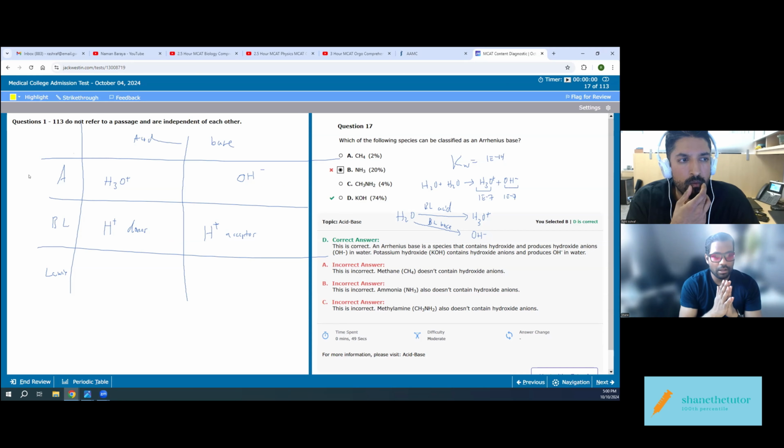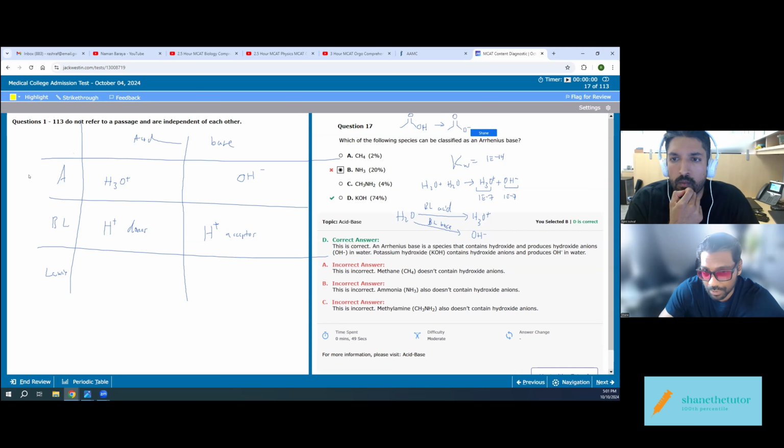So all Arrhenius acids and bases are Bronsted-Lowry acids and bases, but not all Bronsted-Lowry acids and bases are Arrhenius ones. What I mean by that is, for instance, a carboxylic acid like this would lose its proton to give you this plus this, right?